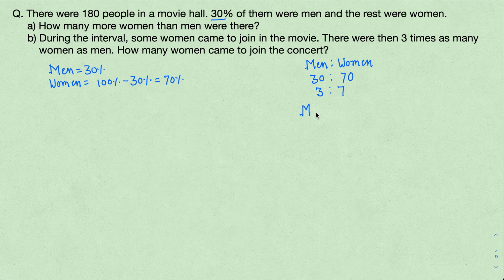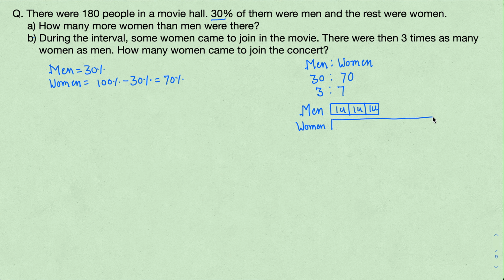So let's say for men, how many units are there? There are 3 units of men. We can show it quickly like this: 1, 2 and 3 units of men. Then how many units of women are there? There are 7. So similarly, let's draw it quickly for the women.